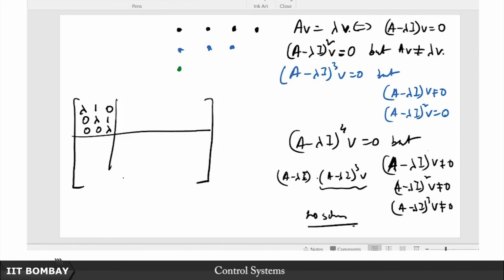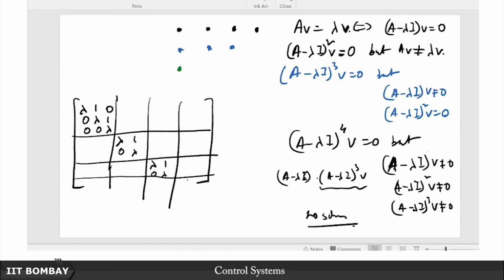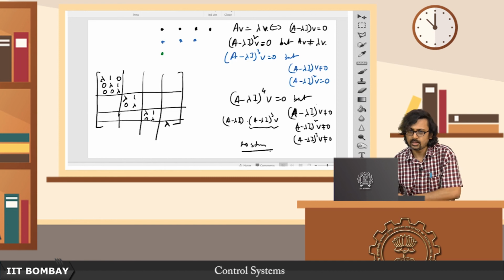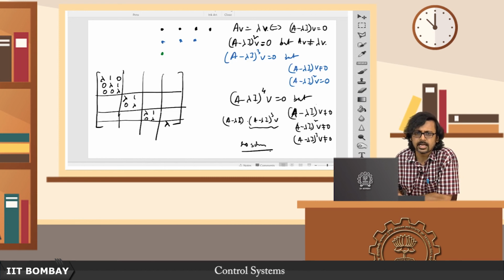Then we will have lambda 1 0 lambda, that is another, then lambda 1 0 lambda, that is another, and finally we will have a lambda sitting in the diagonal alone. That is exactly it.